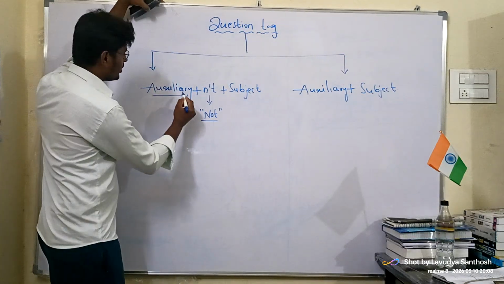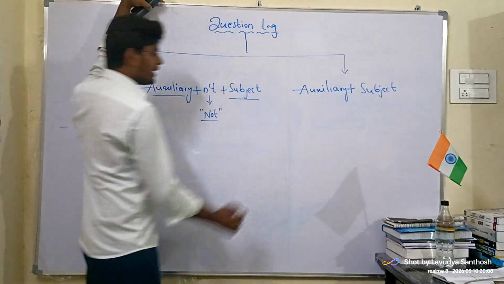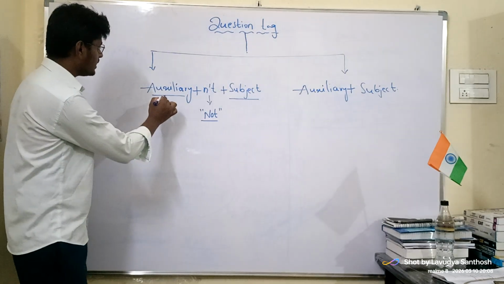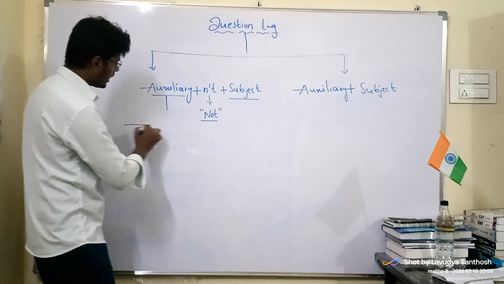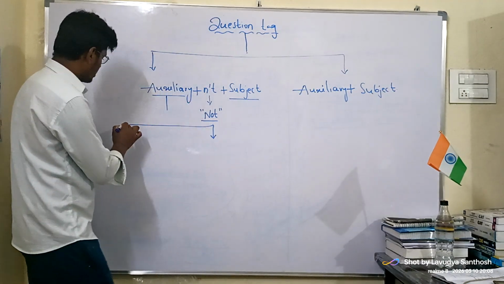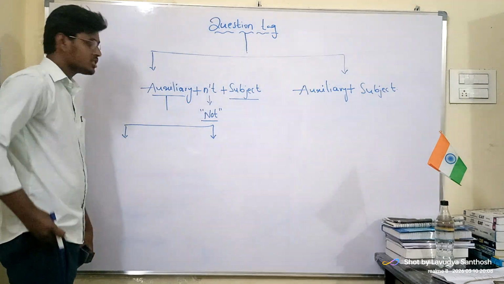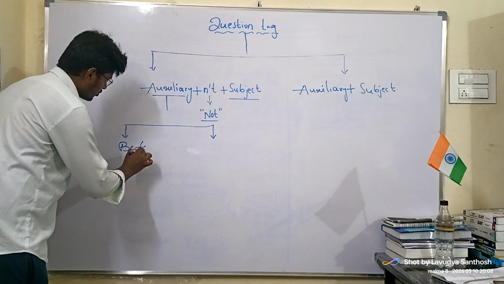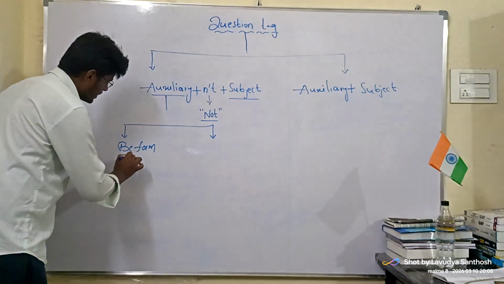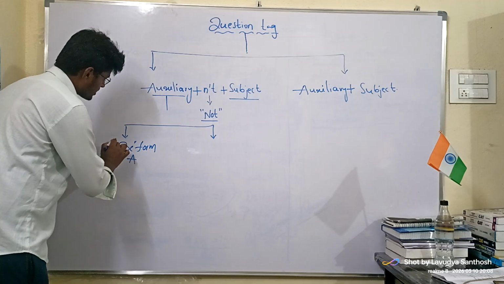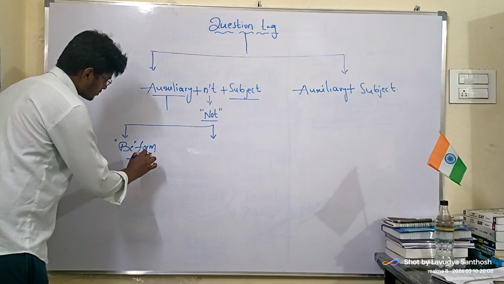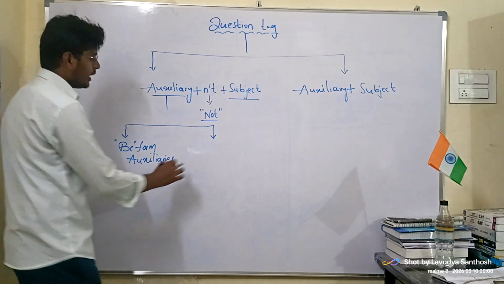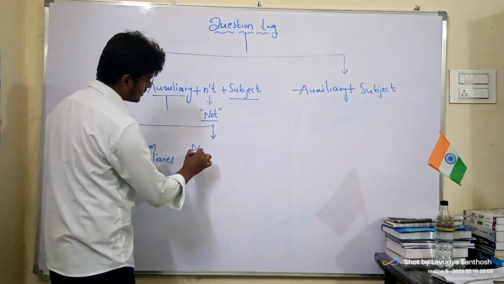auxiliary is something we refer to in any sentence. There are be form auxiliaries and modal auxiliaries. Again, I am introducing two terms here: be form auxiliaries and modal auxiliaries.